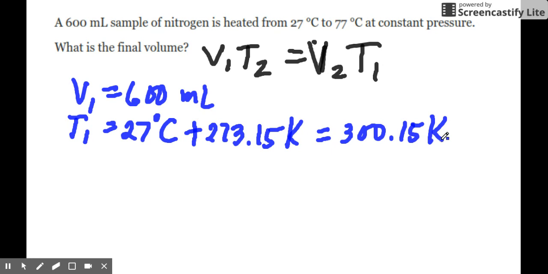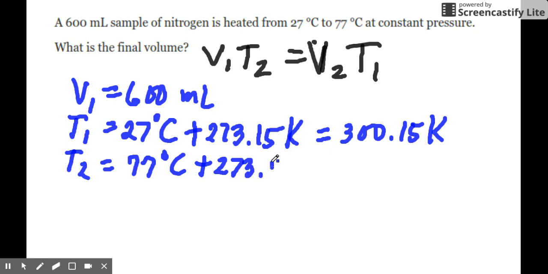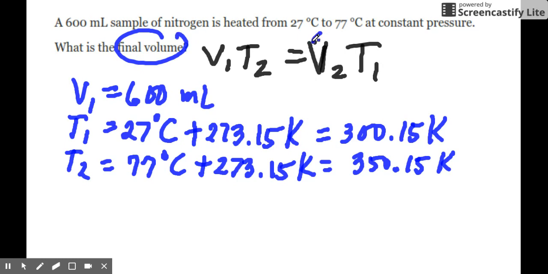And then 77 degrees is your T2. So we add 273.15 to 77 degrees Celsius to get the Kelvin, which is 350.15 Kelvin. Now we're ready to solve for the final volume V2.